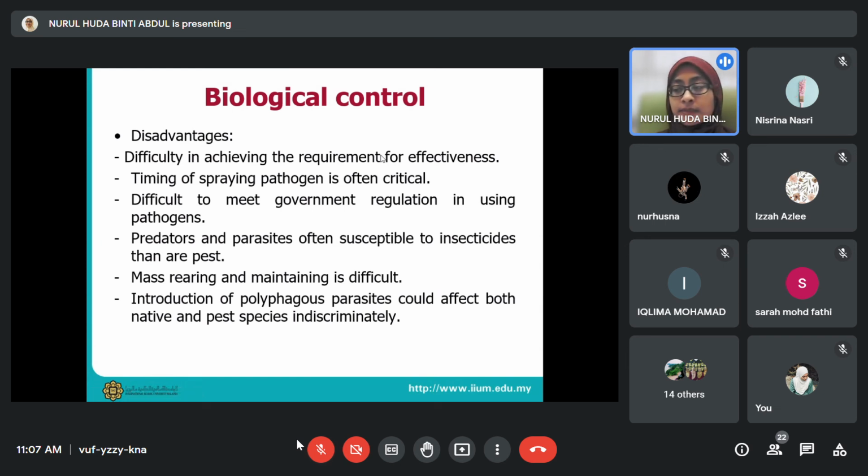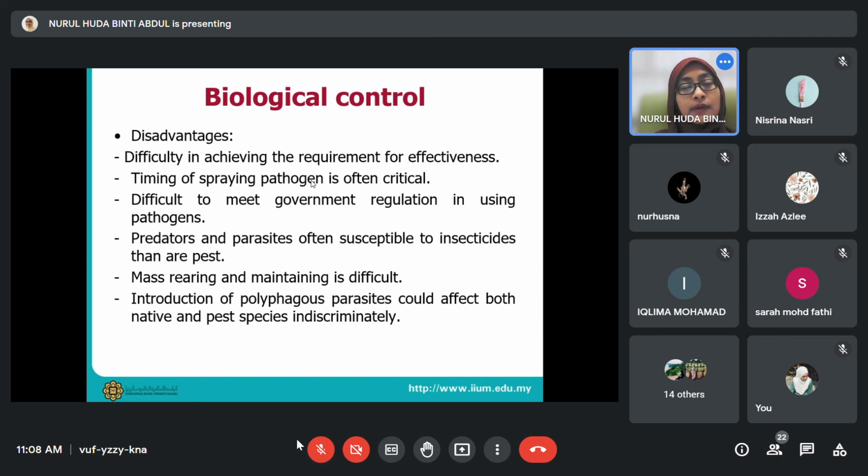Maksudnya kamu tak tahu sama ada bila kamu use biocontrol, either it's effective or not. And then juga dia punya timing, katalah tadi spraying of pathogen, you want to use BT. It's often critical because as you see, the living BT is Bacillus thuringiensis for example, right?